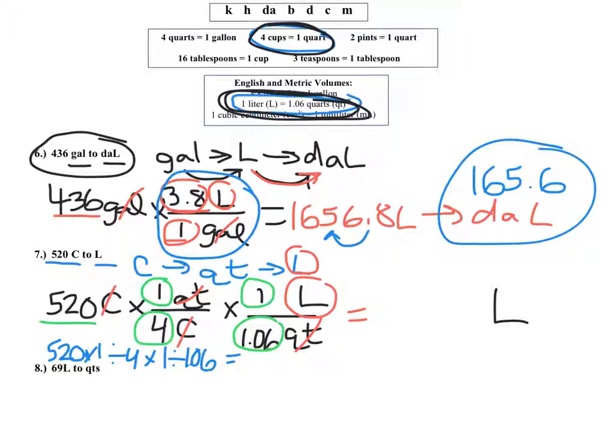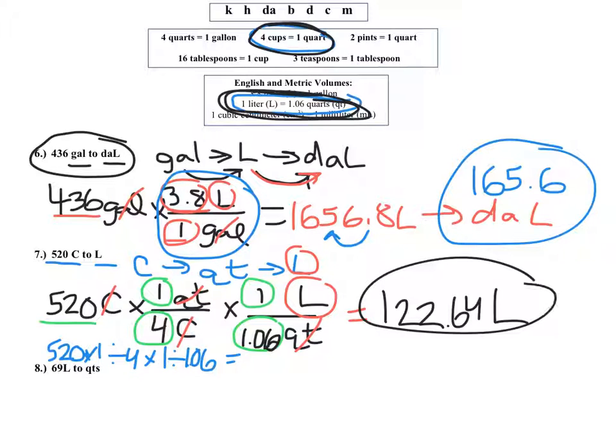All right. Let me fix that up, make that look a little bit nicer. That's supposed to be a 6. All right, when I plug that into my calculator and chug out my answer, I end up with about 122.64 liters for my answer.